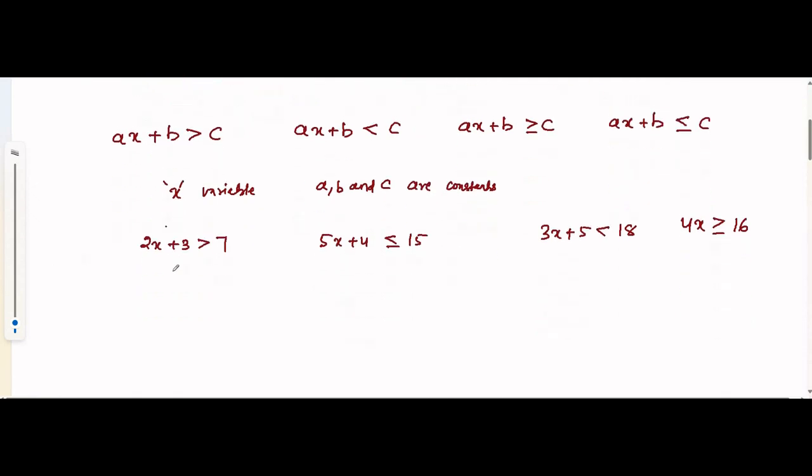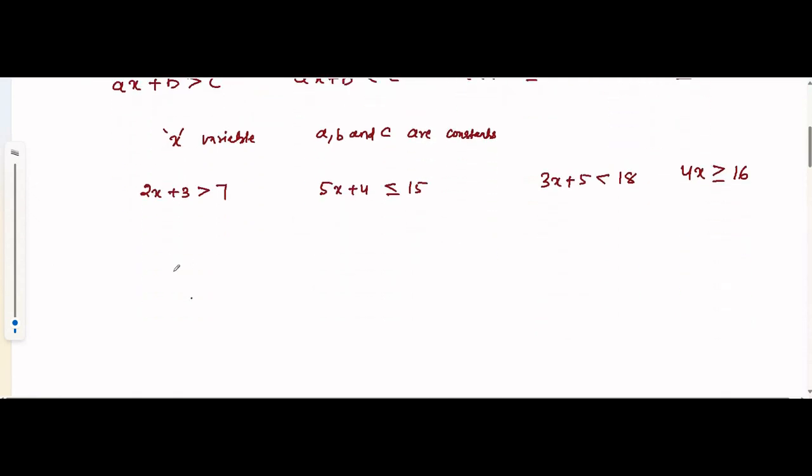And sometimes you will also find relationships like this, where we have ax plus b is greater than cx plus d. Again, this is a linear inequation in one variable. Or similarly, ax plus b is lesser than or equal to cx plus d.